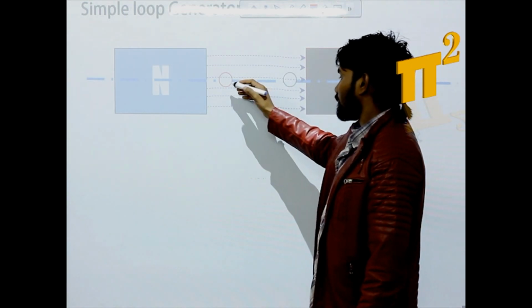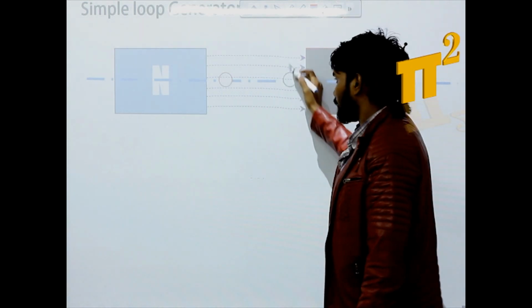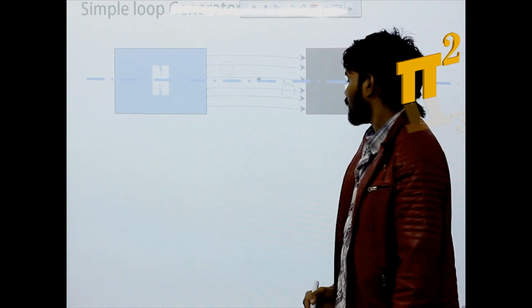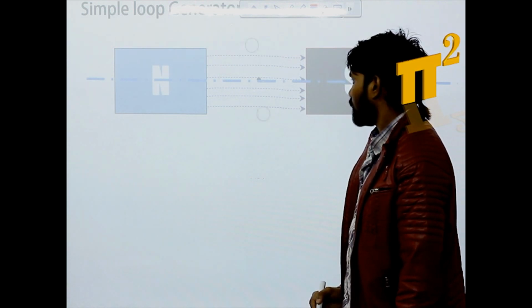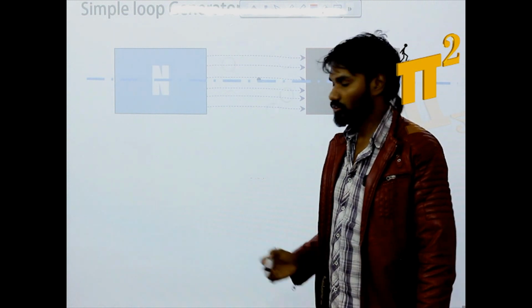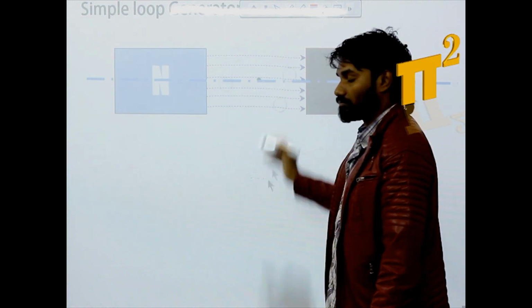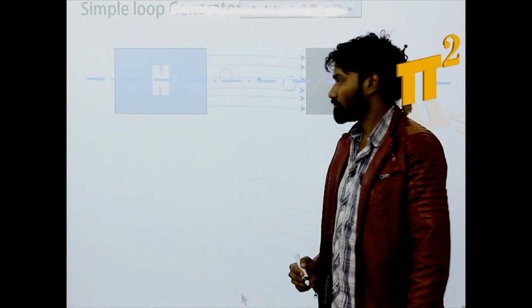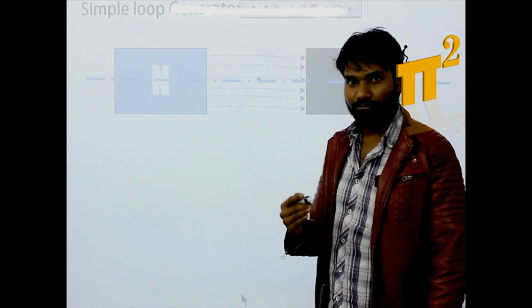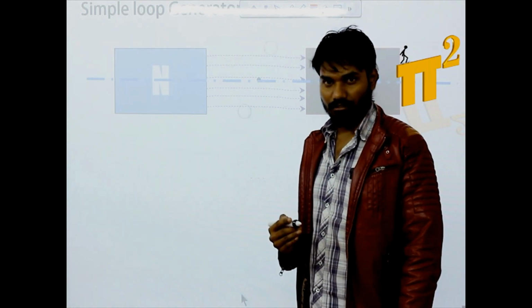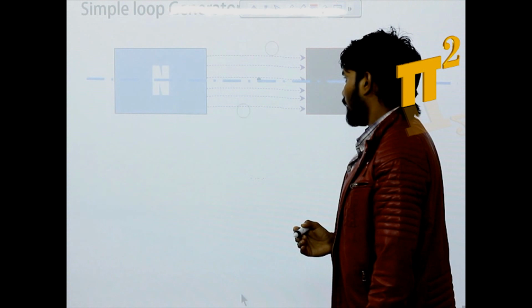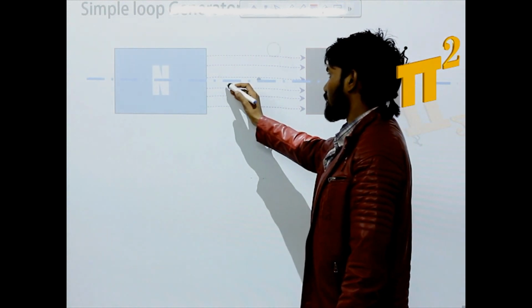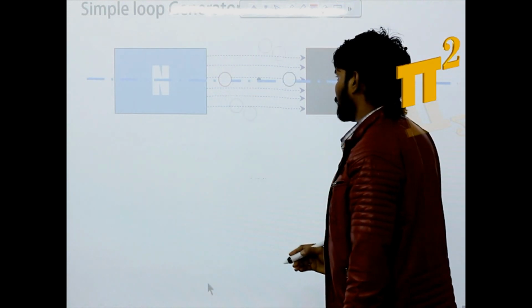Now they are rotated because we are giving mechanical energy, so they are rotating. Now let's look at different instants of rotation. Let's take a starting instant at this position.